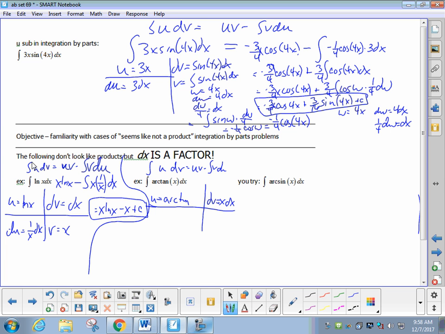It's like saying I'm going to do this by ultraviolet voodoo, and I'm going to let u equal the root sign and dv equal the x dx. What? That's an operation. It has to be the arctangent of something. This is not just an x. It must be the arctangent of x, obviously. So, what is du?